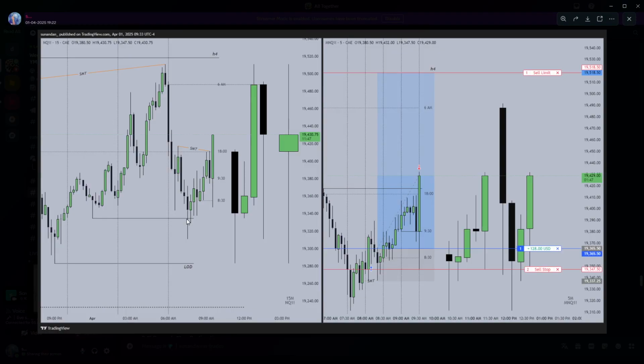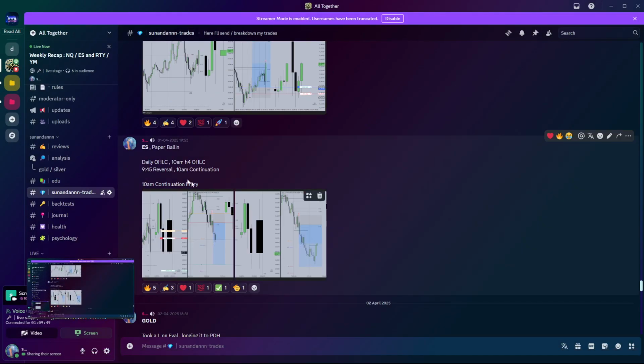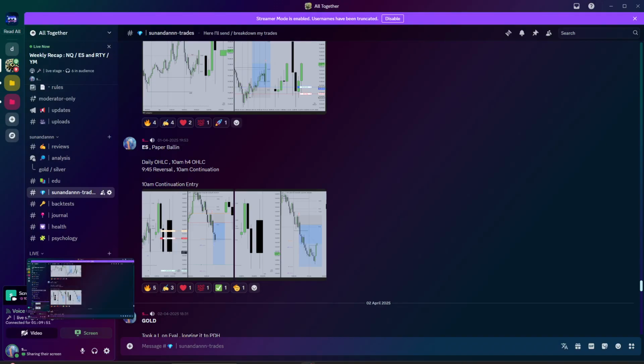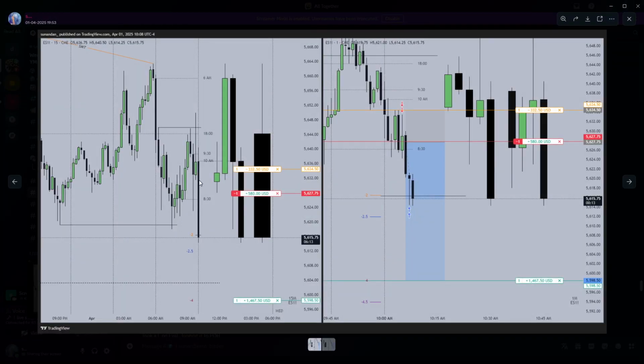NQ was kind of bullish to me because I wasn't trusting this high. That's why longing till here. Okay, nice. Then short, 10 a.m.